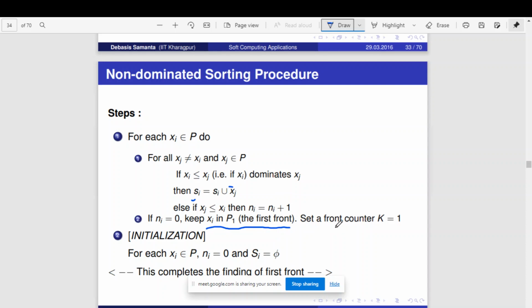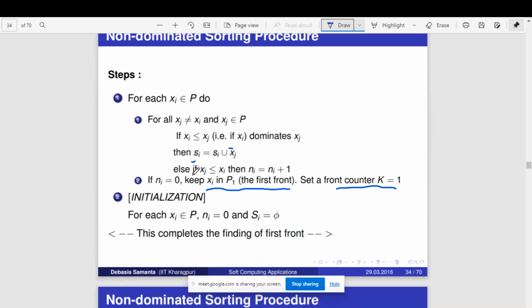And then front counter k is equal to 1. So basically this iteration identifies who is in the first front. Then for each xi belongs to P, ni is equal to 0, si is equal to null set.